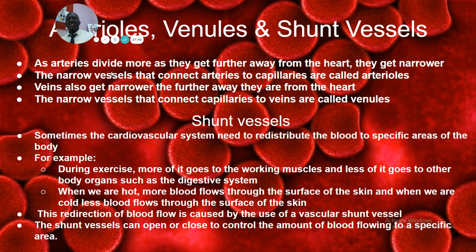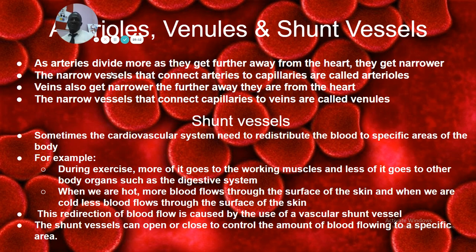The narrow vessels that connect arteries to capillaries are called arterioles. Veins also get narrower the further away they are from the heart. The narrow vessels that connect capillaries to veins are called venules. That's the previous explanation. Now, what we call shunt vessels.